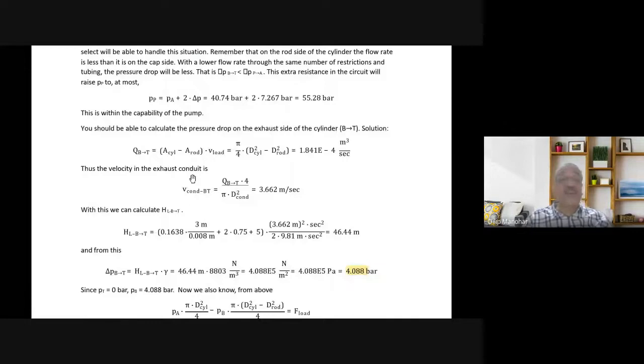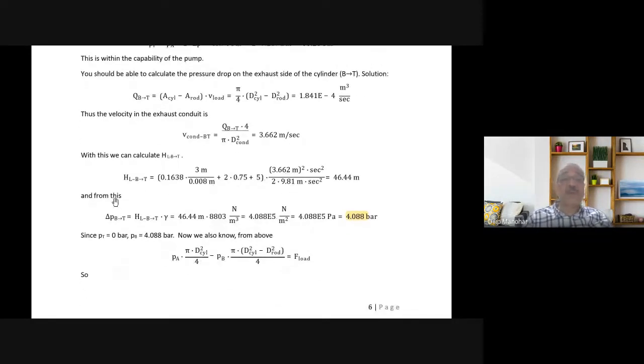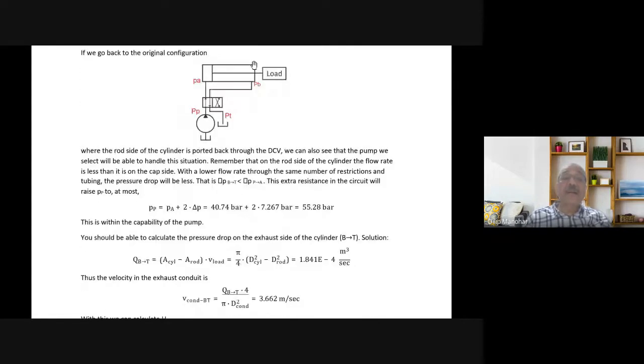Now let us assume the velocity in the conduit, instead of using any hypothetical value, use the same size. With that value of QB, you get a velocity in the discharge-side conduit of 3.62. With that value, we now calculate the exact pressure drop between point B and the tank.